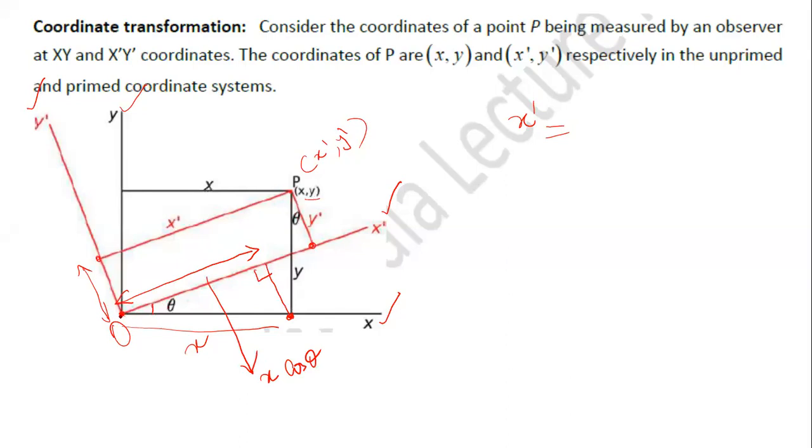So if the length between these two points is x, then the distance between this and this will be x cos theta.